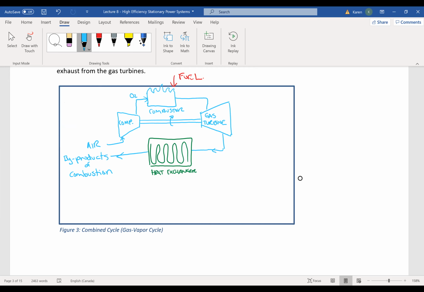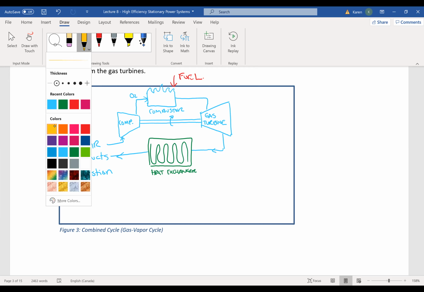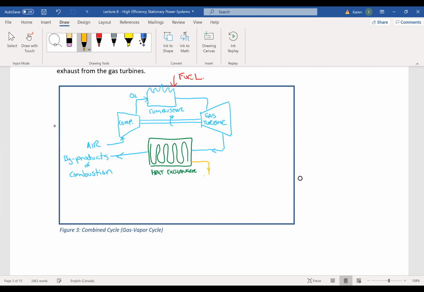And from the heat, we can make our other cycle, our Rankine cycle, that went to a steam turbine. Because now we just use this heat out of the gas turbine to heat up some steam. Well, how do we have steam in there? Well, we'll have to stick some water in there.